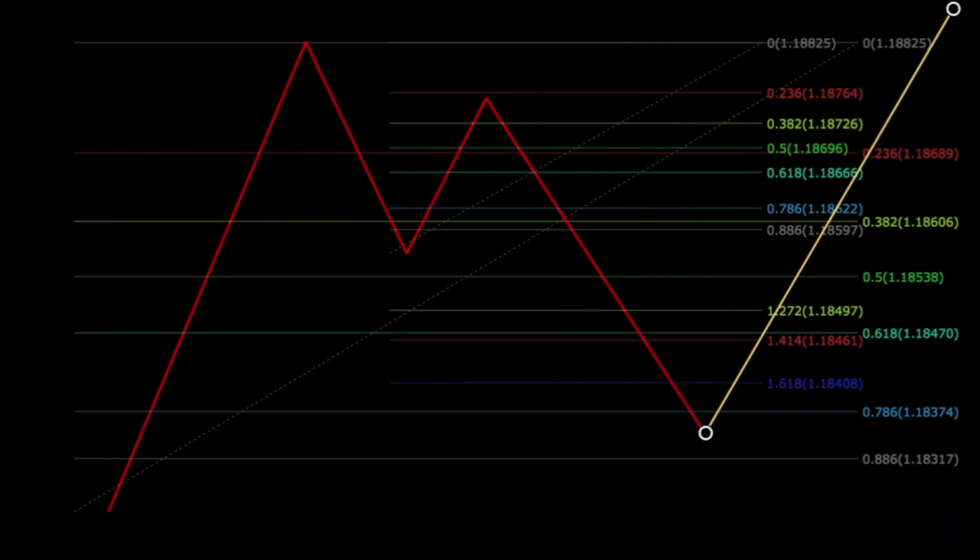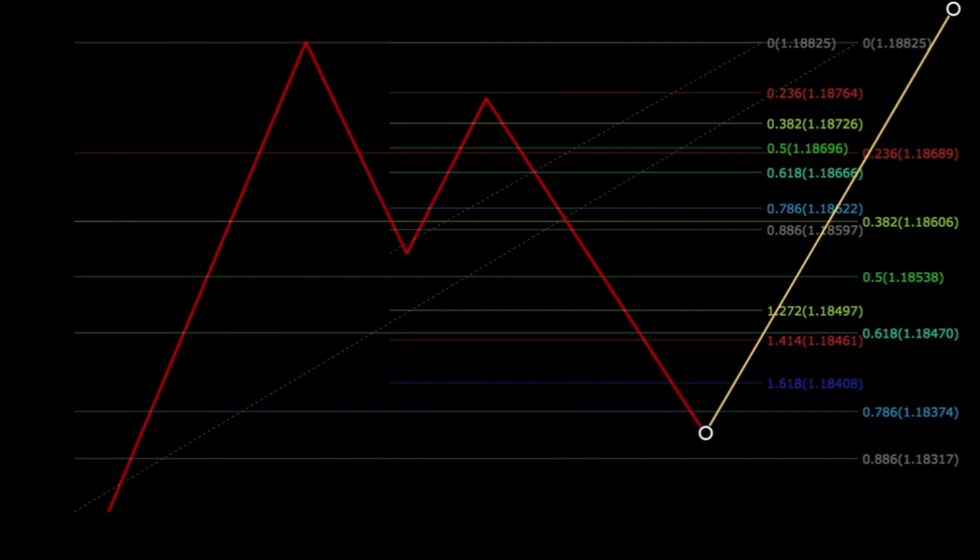So some people leave out the 618 extension because all you're doing is widening your zone, and a lot of people trade this pattern as in between the 786 and the 886, and that's the way I originally did it, really.